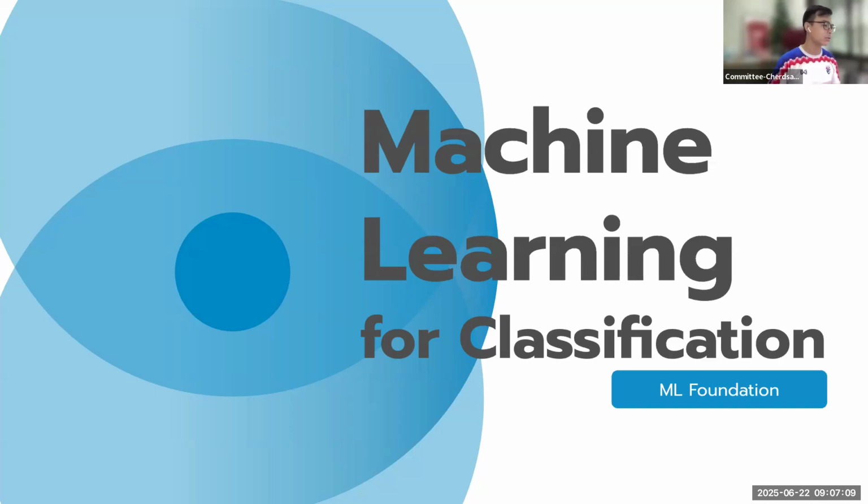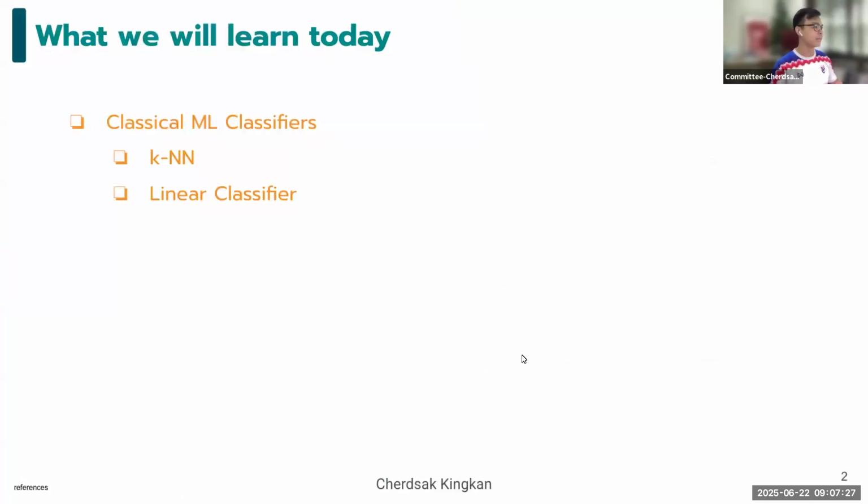Now we are going to switch to a learning-based method for computer vision. So today we are going to start with machine learning for classification, specifically image classification.